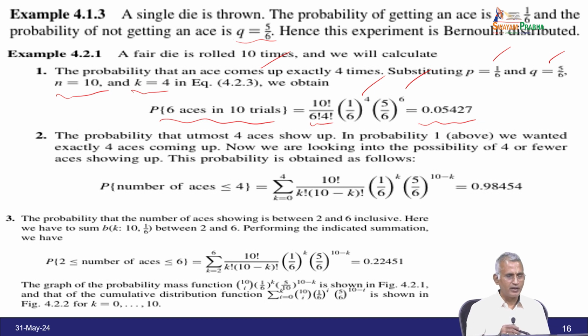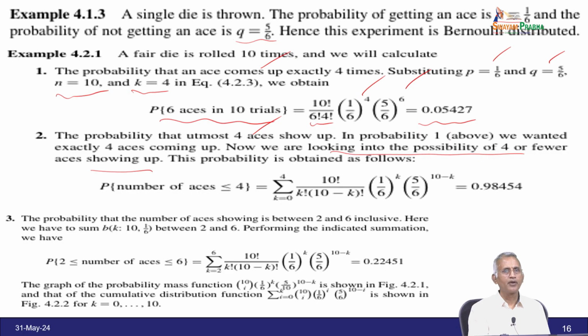Next, the probability that at most 4 aces show up. So, in the previous problem we wanted exactly 4 aces coming up. Now, we are looking into the probability of 4 or fewer aces showing up. Therefore, the probability is obtained as follows.